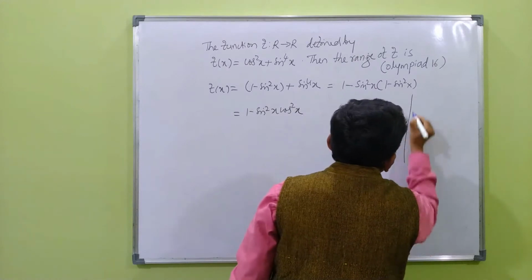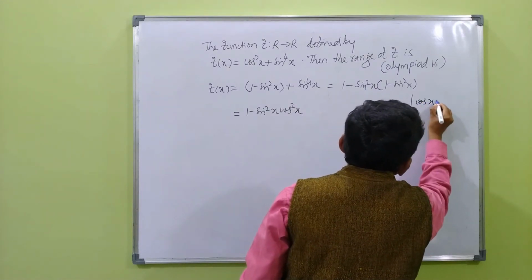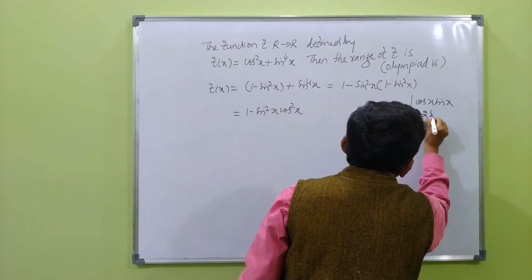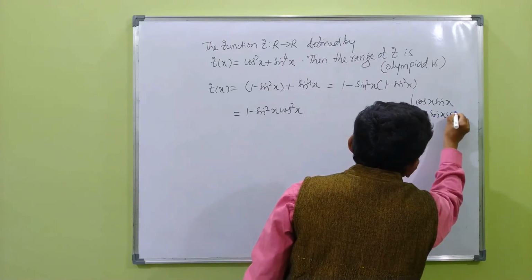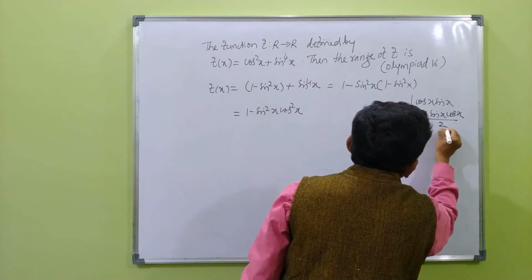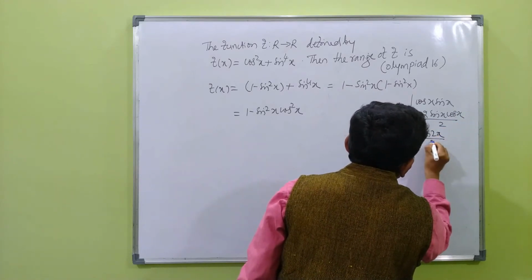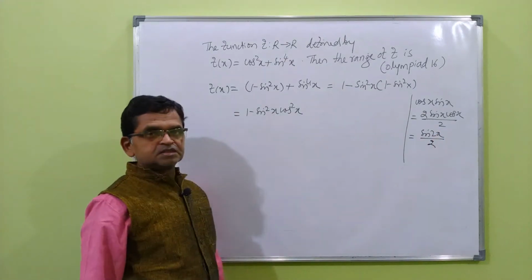See, cos x into sin x, or sin x into cos x, can be written as 2 sin x cos x divided by 2, isn't it? That is sin 2x by 2, isn't it?